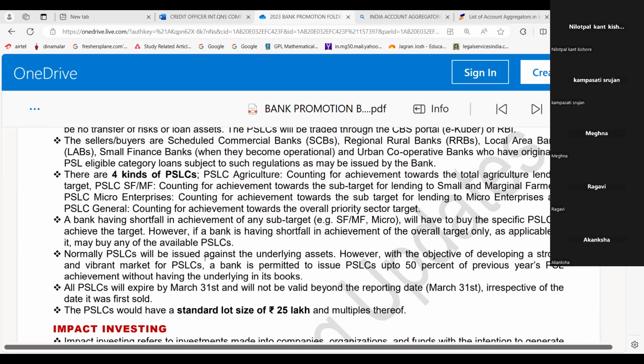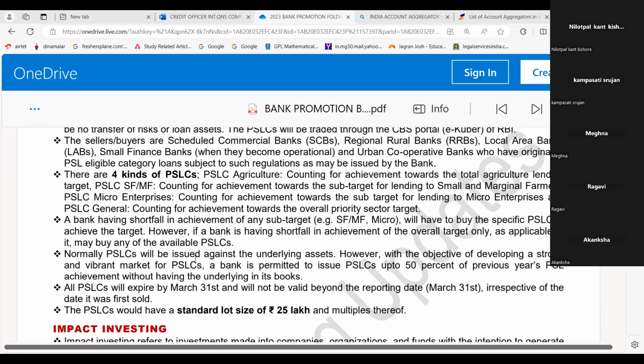PSLC micro enterprise, counting for achievement towards the sub-target for lending to micro enterprises, and PSLC general, counting for achievement towards the overall priority sector target. A bank having shortfall in achievement of any sub-target will have to buy the specific PSLC to achieve the target. However, if a bank is having shortfall in achievement of the overall target only, as applicable to it, it may buy any of the available PSLCs.